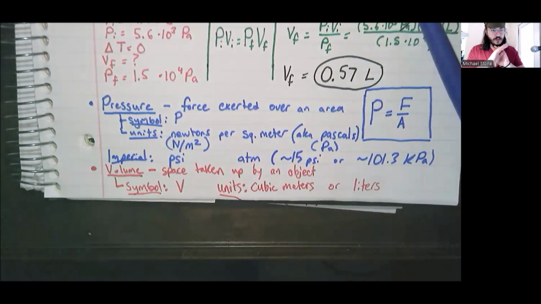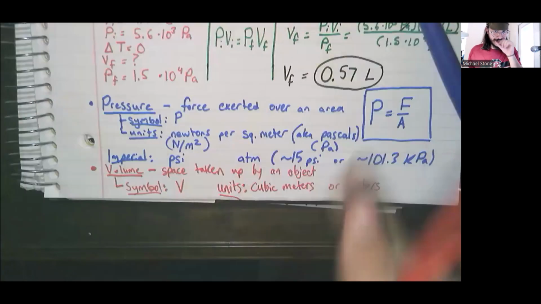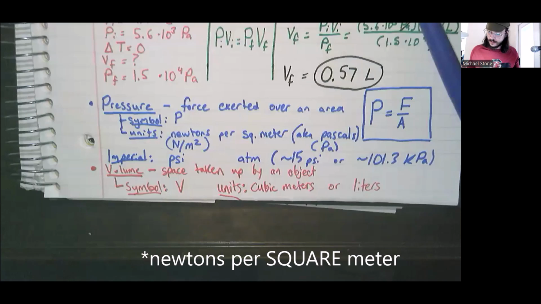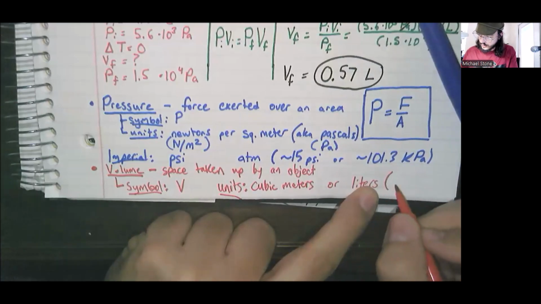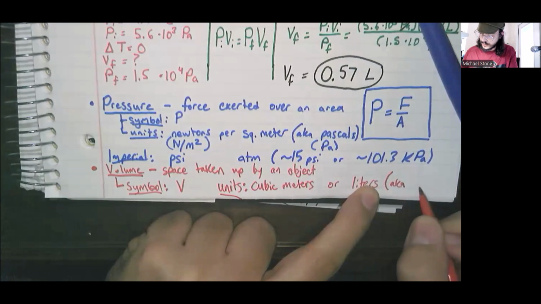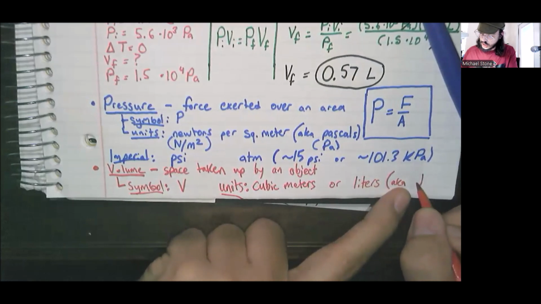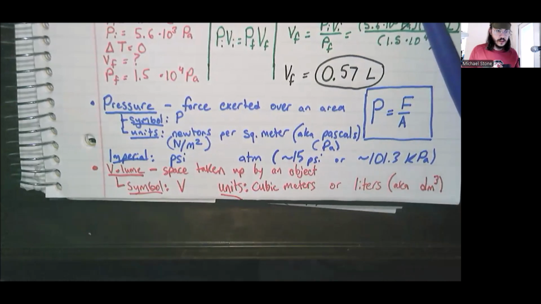liters. Now, those are not equivalent like newtons per meter and pascals. Liters are otherwise known as cubic decimeters. The liter is still defined this way.